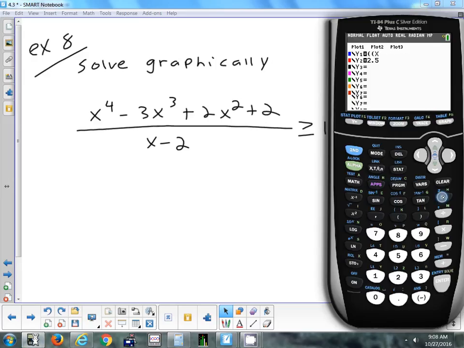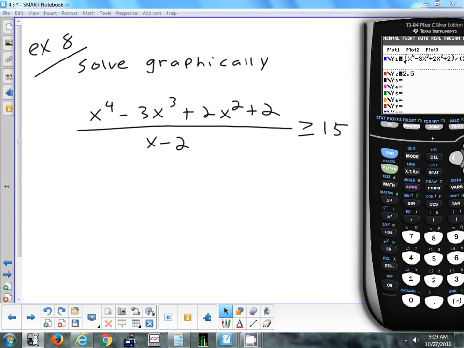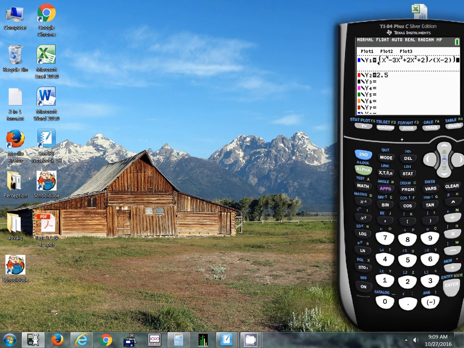So let's type in x to the 4th minus 3x cubed plus 2x squared plus 2, that's my numerator, divide by x minus 2, my denominator, close parentheses for that whole term, and what am I going to subtract from it? Subtract 15.